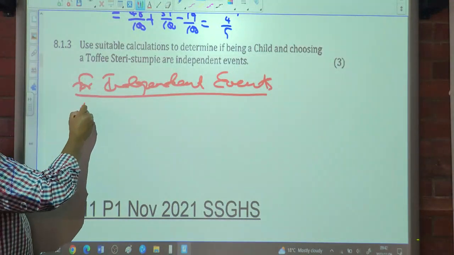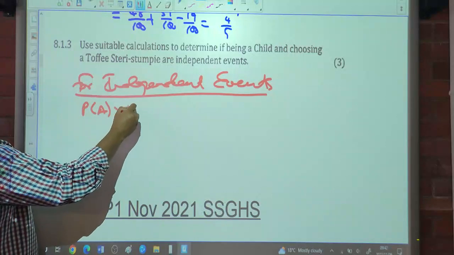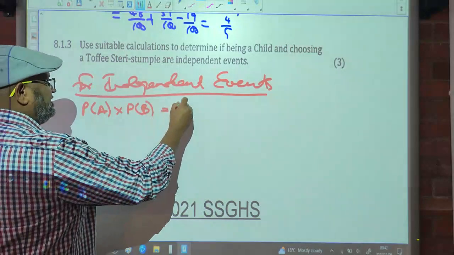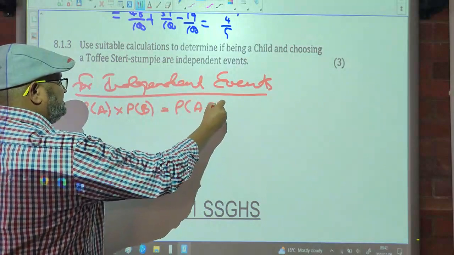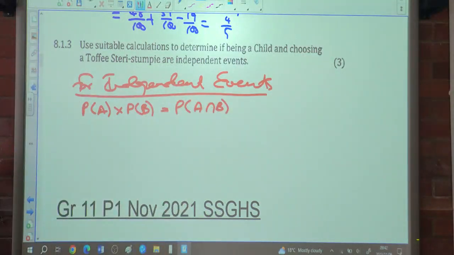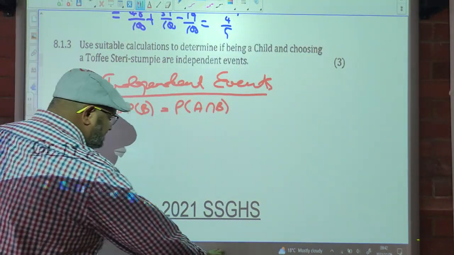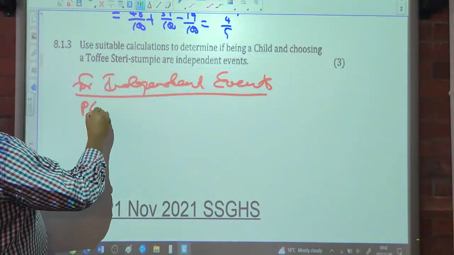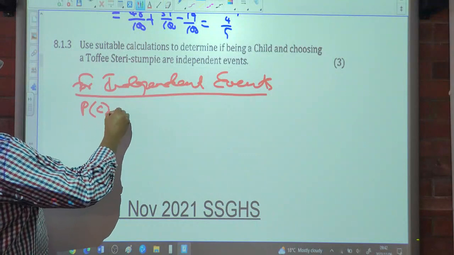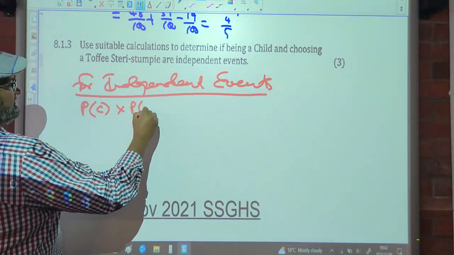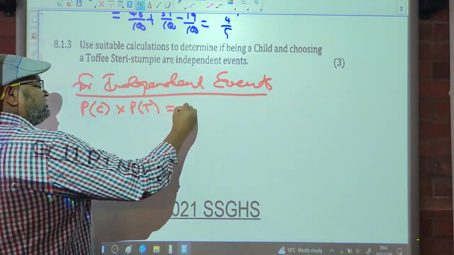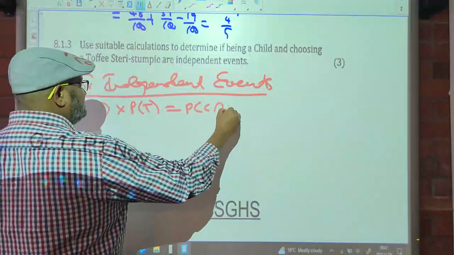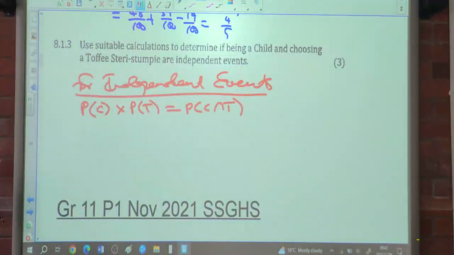That the probability of A times the probability of B should be equal to the probability of A intersection B. Here, we're going to take the probability of a child times the probability of likes toffee. If that is equal to the probability of child intersection toffee, then they are independent.